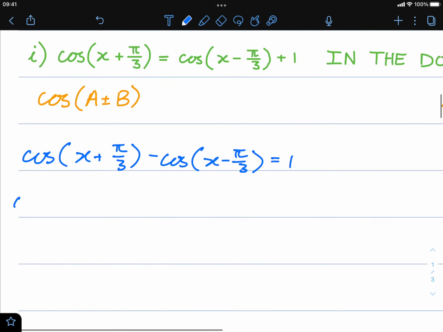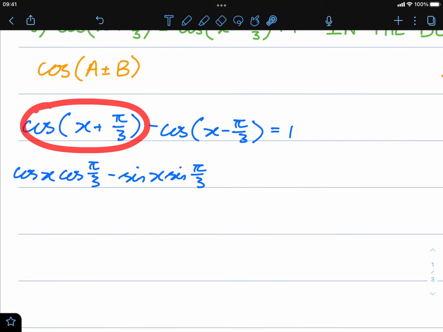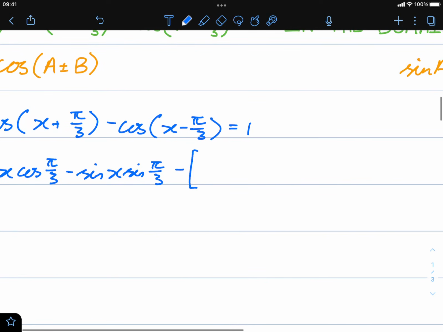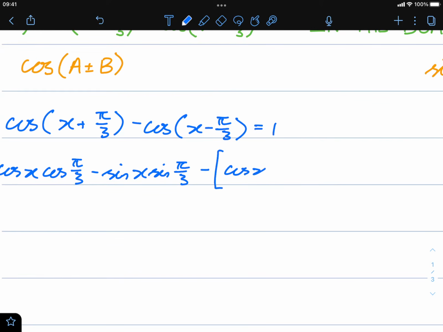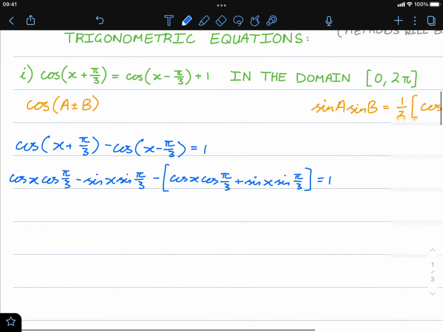Expanding this, we get cos x cos pi on 3 minus sine x sine pi on 3. This is just the first expansion. We have a minus here, so minus, expanding this, we get cos of x cos pi on 3 plus sine x sine pi on 3 equals 1.